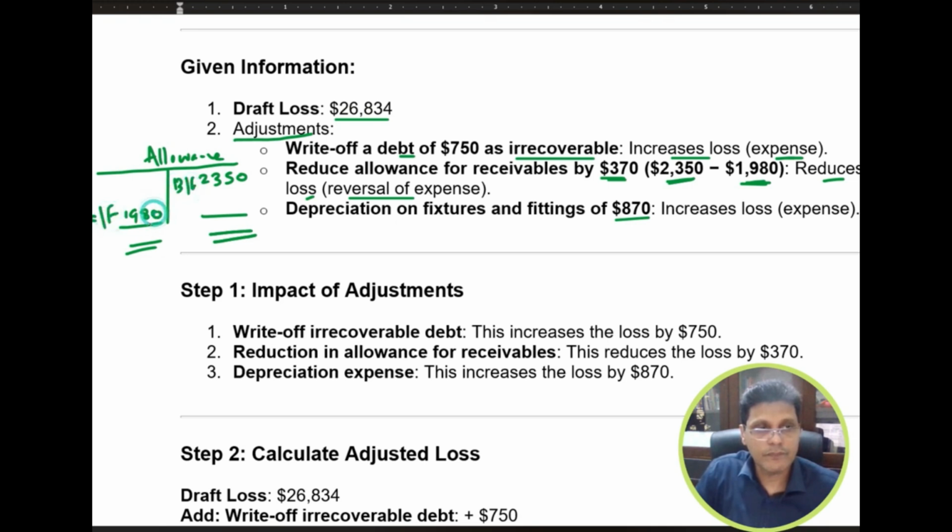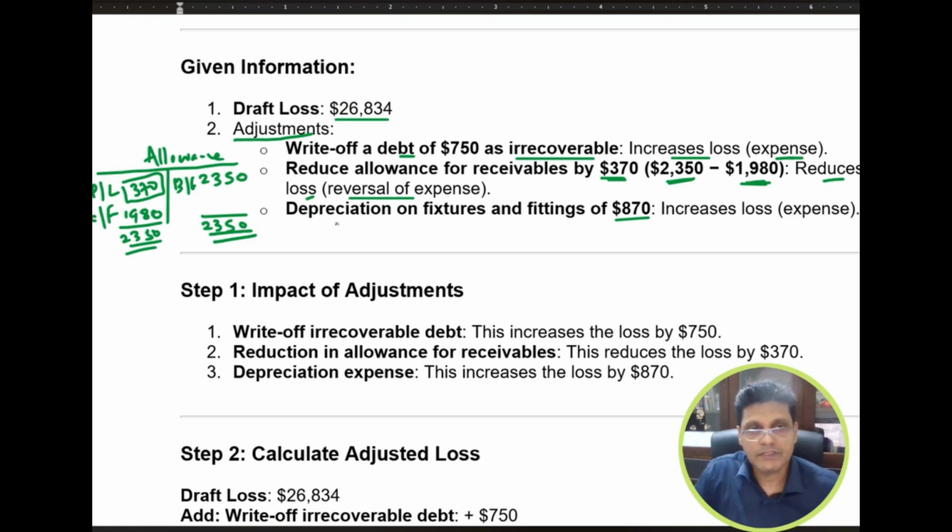Therefore, in order to make this 1,980, when you balance this 2,350, the difference of 370 is to be transferred to the profit and loss account as a credit. So when you credit the P&L account, the losses will reduce.